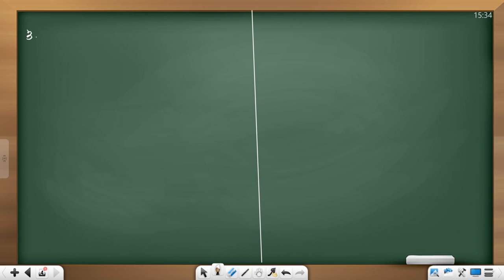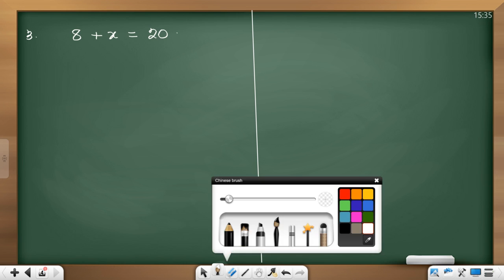What if I have 8 plus x is equal to 20? Remember what I said. Let's try to keep the variable on the left-hand side. And I want to show you something here. So let's move the 8.